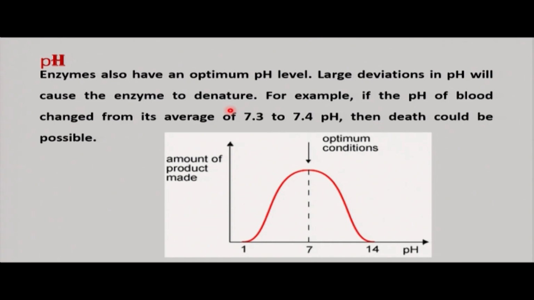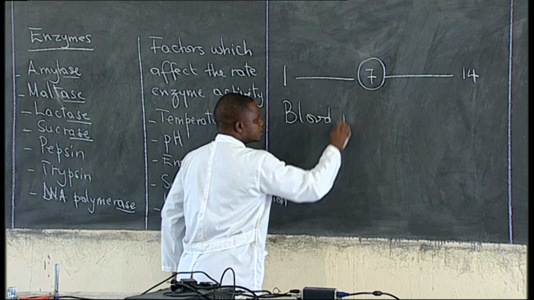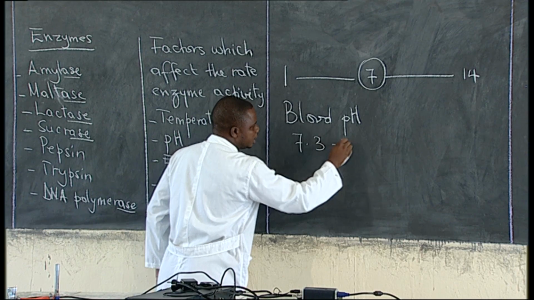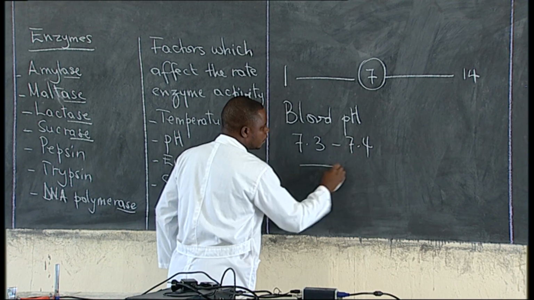For example, consider the pH of blood. The average pH of blood, our blood, is between 7.3 and 7.4.